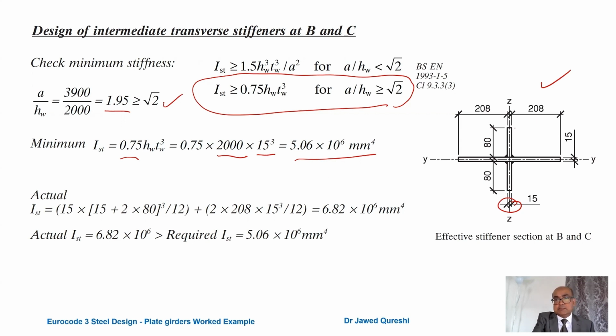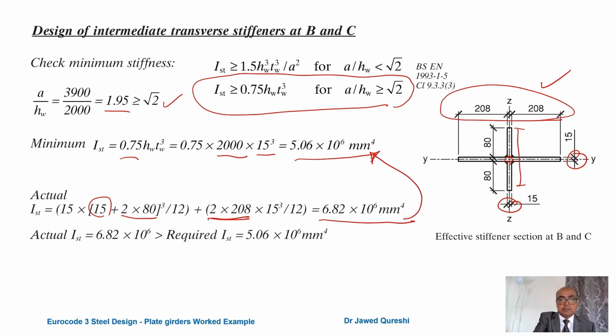D is this entire depth, which will be 2 times 80, plus in between we have this 15. So that is D cube over 12. This is for the stiffener. For the web portion, we have B equal to 208 plus 208, we add it up, times the depth is 15, so 15 cube over 12. We get 6.82, which is greater than the minimum required. It means that it is fine.